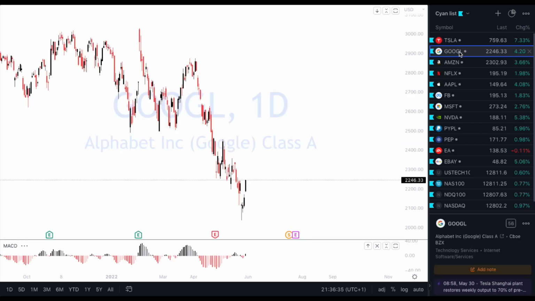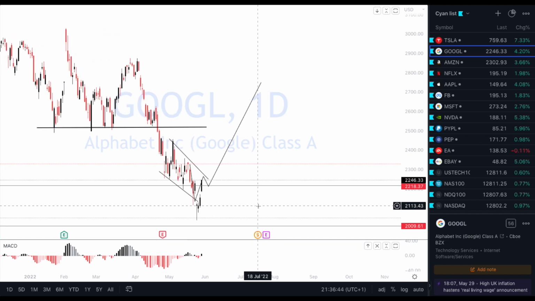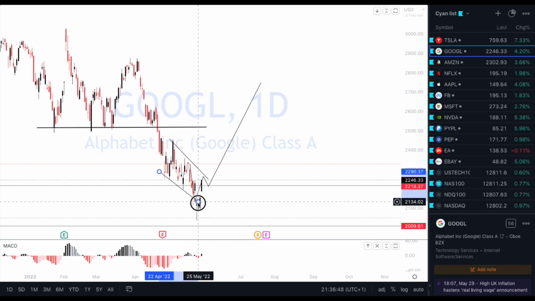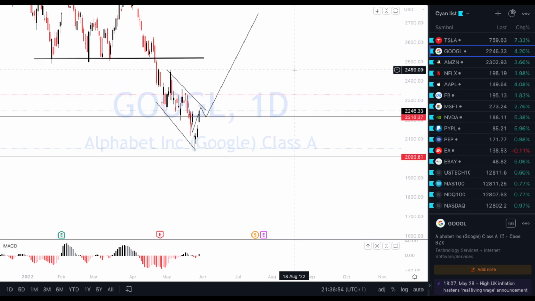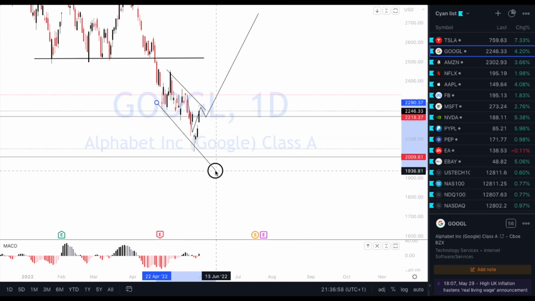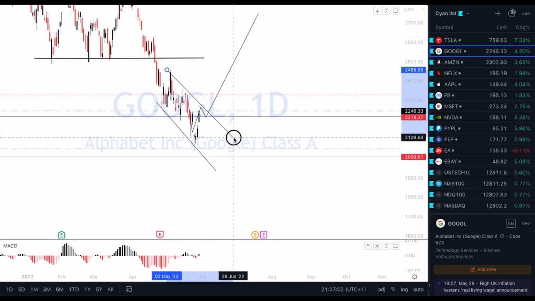Okay, let's jump into Google. Google is pushing up, so we've done some little squiggly drawings on here, and we can see it's pushed down and now it's pushing back up again. So we now need to see what this is. If I look at how this overall structure is looking in terms of how I've drawn it, I would say that it's actually not going to be pushing up now.